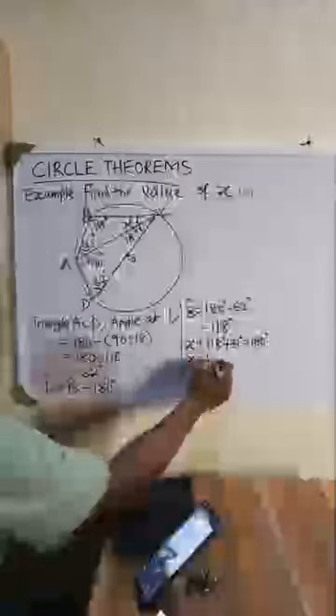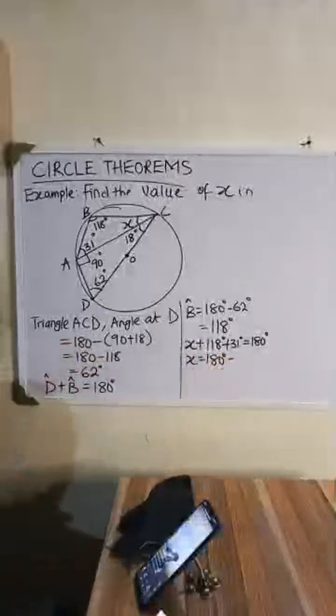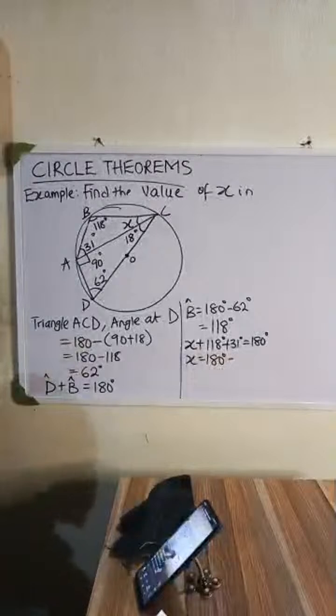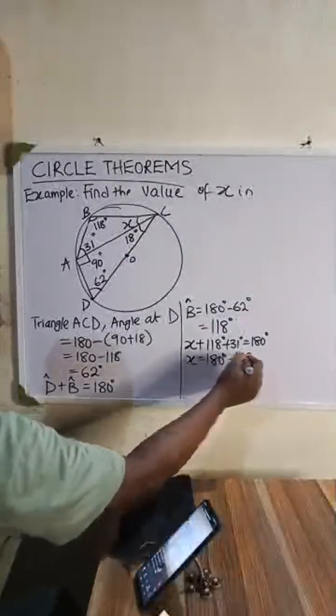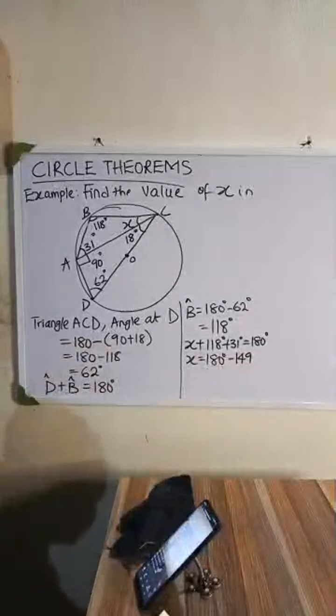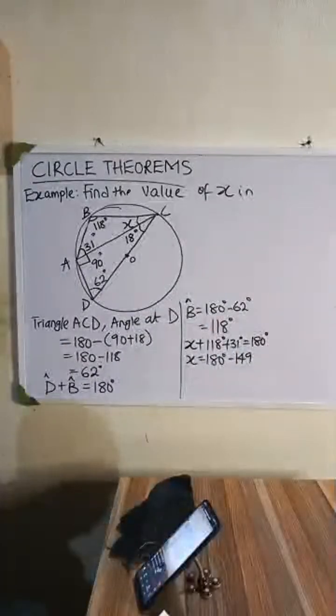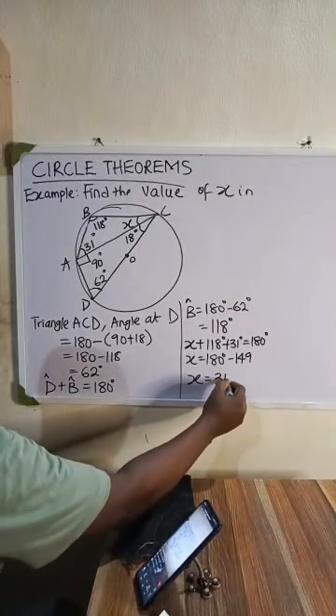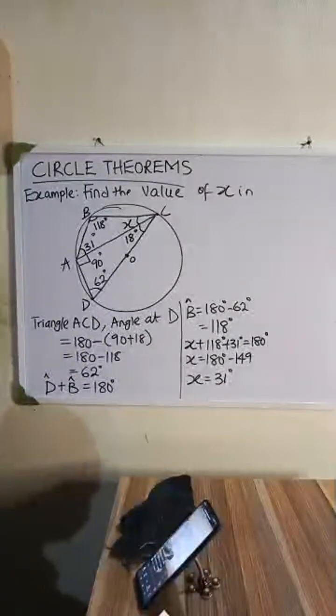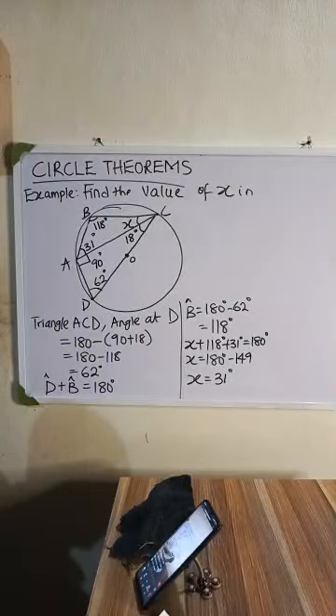X is equal to 180 degrees minus 118 plus 31, which is equal to 149 degrees. So it's either I got the answer wrong or you guys got the answer wrong. If I made a mistake, let me know. Did I skip something?